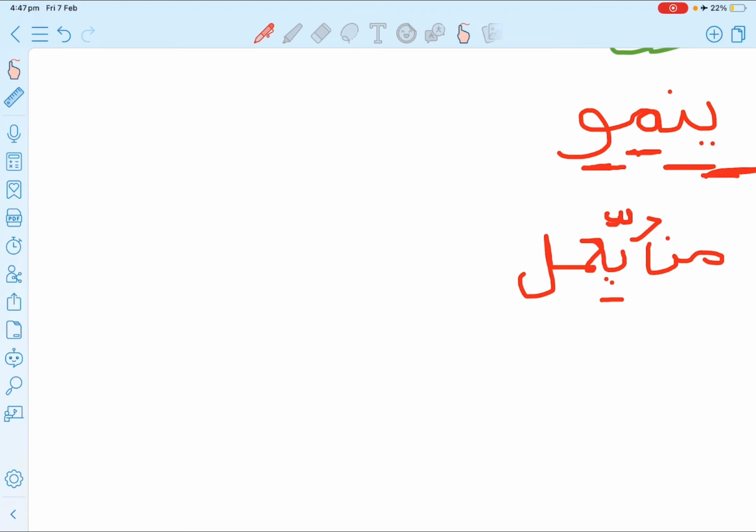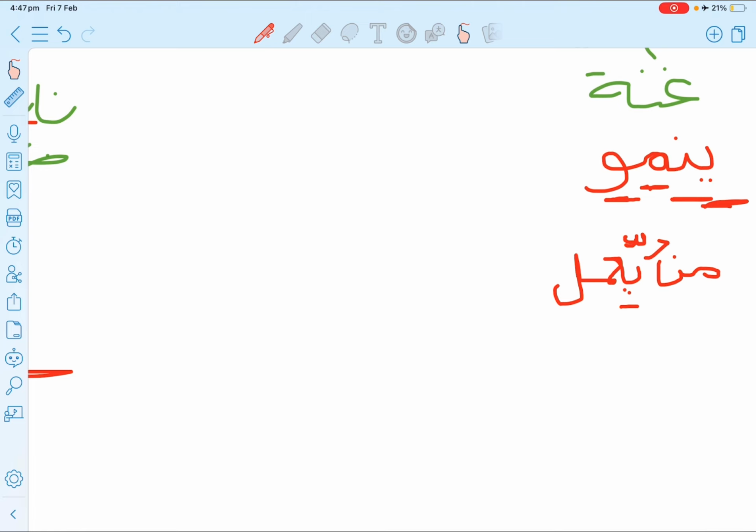So if one says it like that, did they make the merging? Yes, they did. But did they make ghunnah? No, they did not. So if the letter is from the 4 letters, yanmu, and ya is one of them, you should apply ghunnah of 2 counts.